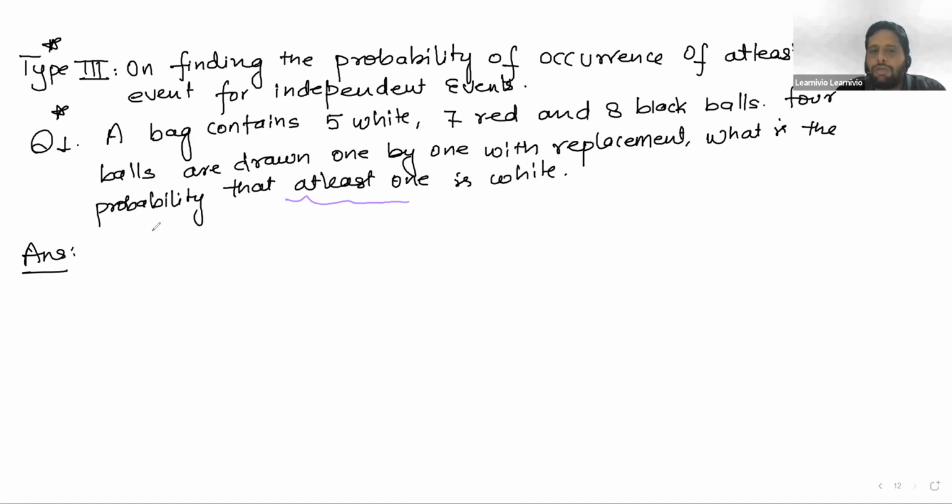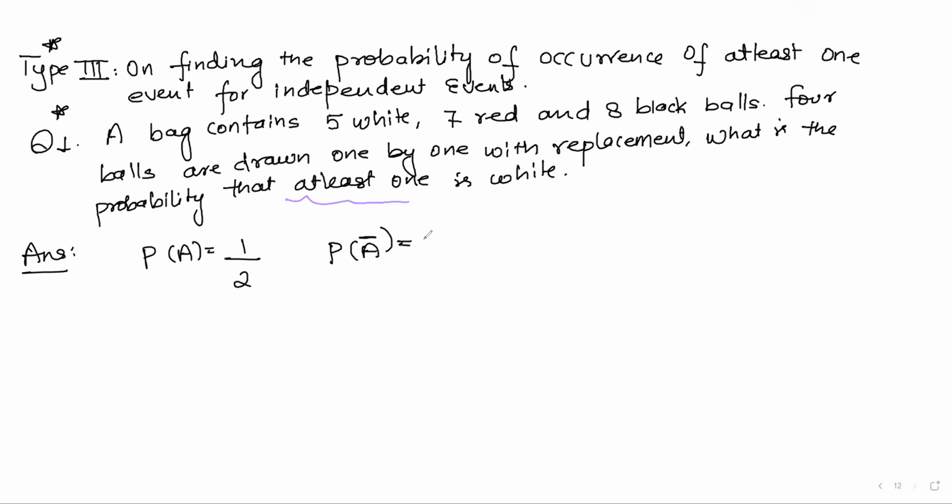And there is a possibility that more than one ball can be white. Always remember, suppose P(A) is 1/2, then Saf, please tell me what is P(A not)? Yes, 1 minus P(A).